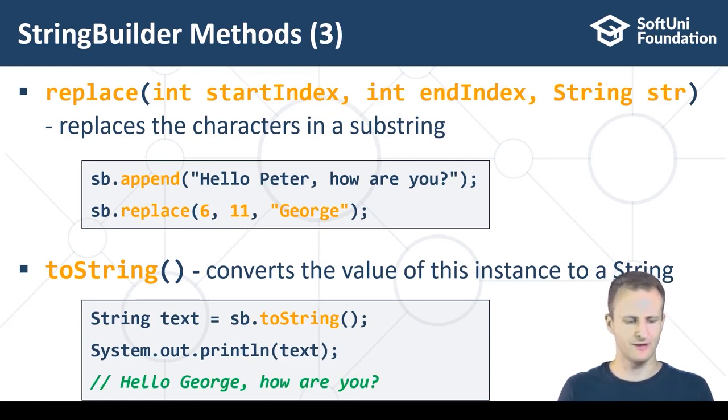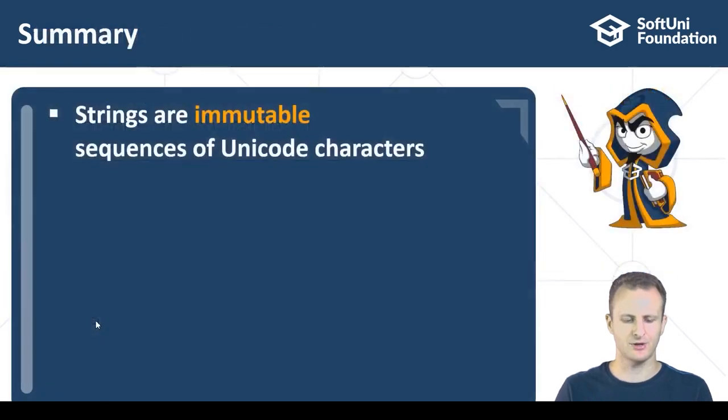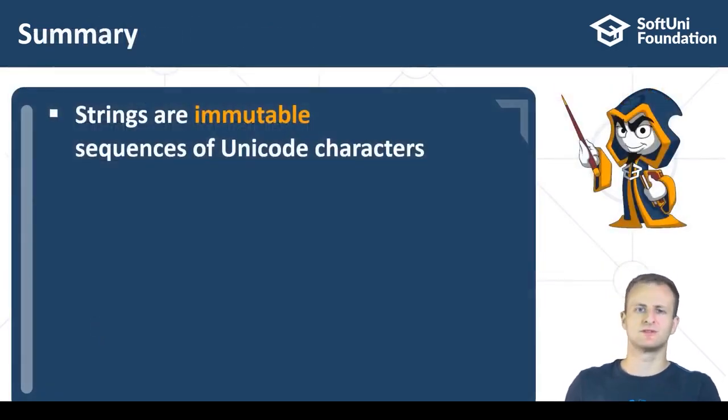So for average running time operations, when you're not really chasing super efficient code, it's okay enough to just copy back into a string, do the replace, and then copy back into the StringBuilder and do whatever operations you need. Okay, so we covered this lecture.